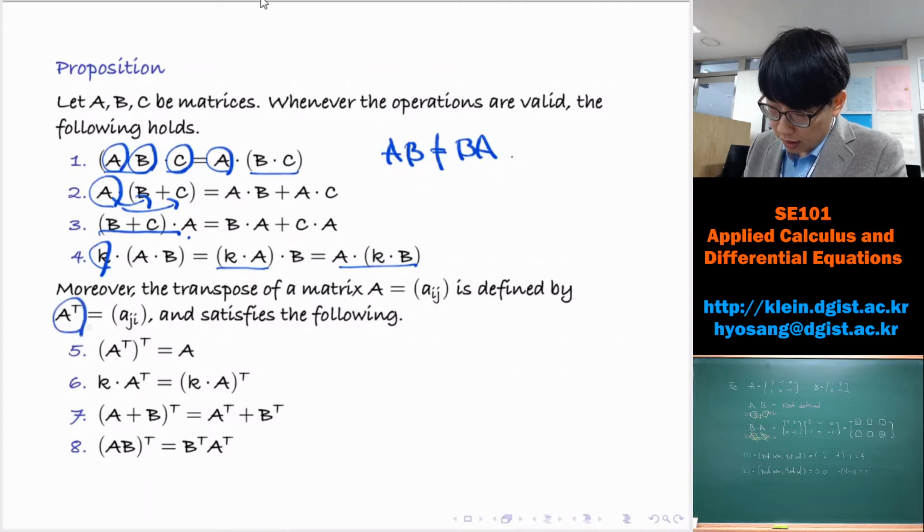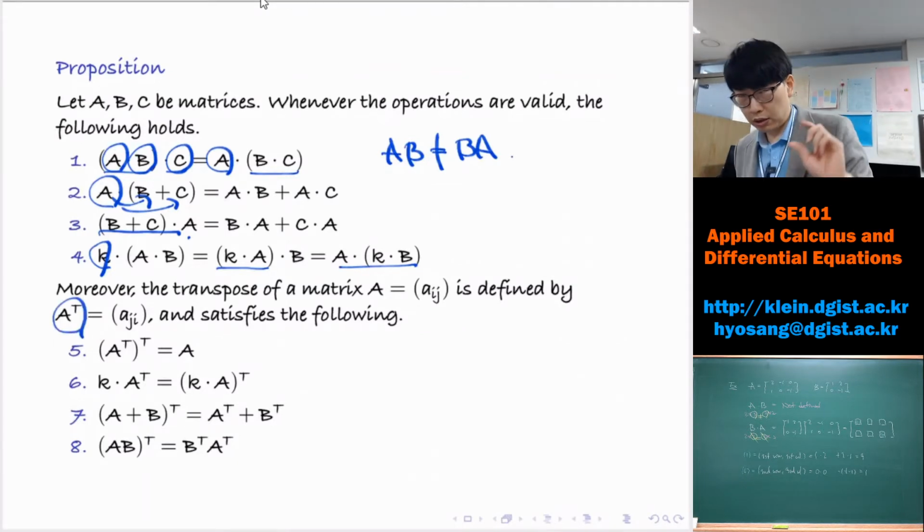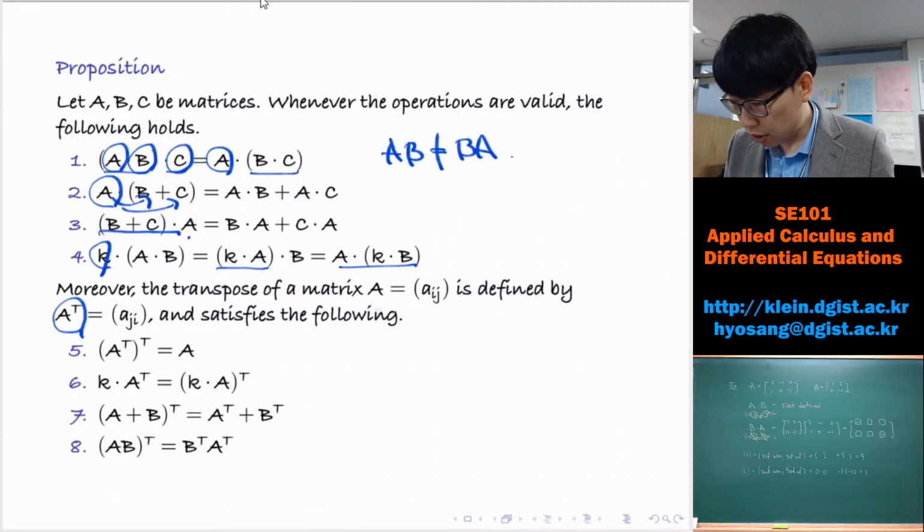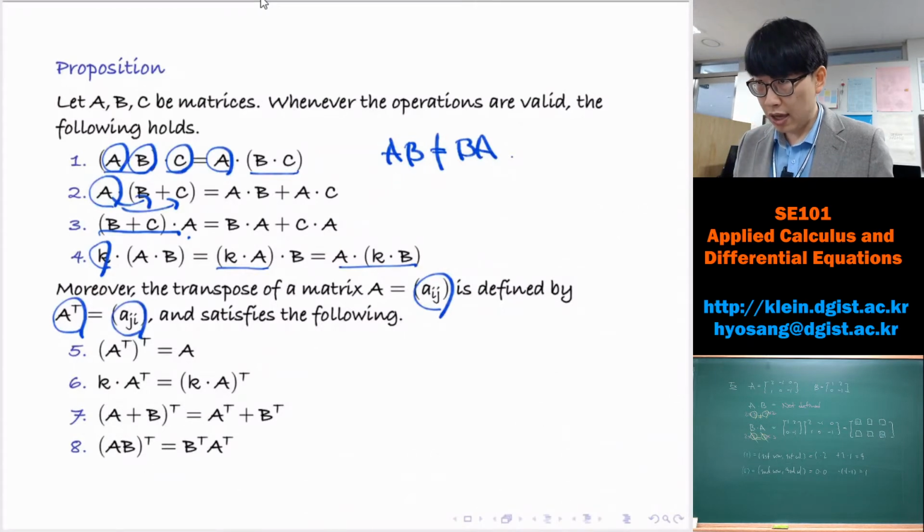So this is an important notion: the transpose of a matrix is that you just invert it and change the row to column and column to row. So just invert your matrix. The row becomes column and column becomes row. So when you have a matrix entry Aij, then in the transpose of A the entry becomes Aji.